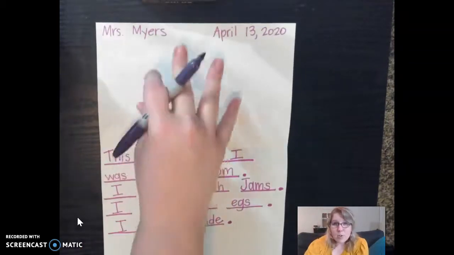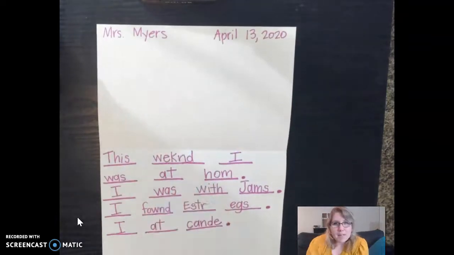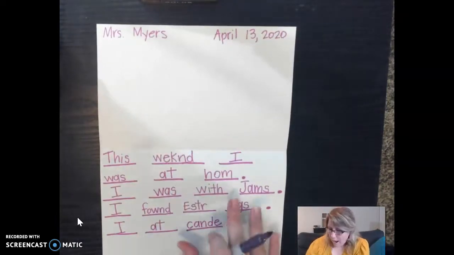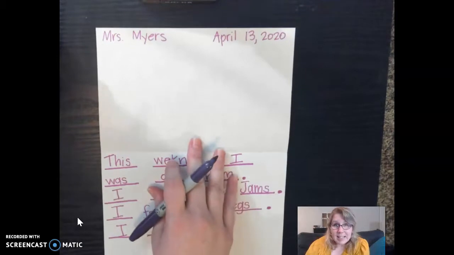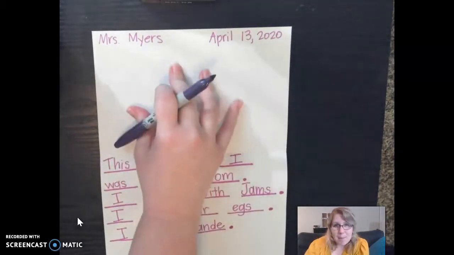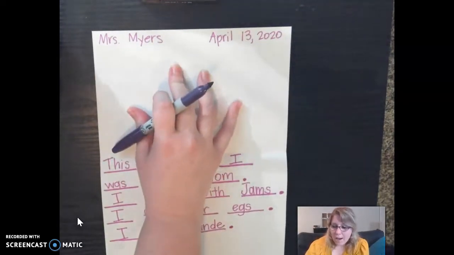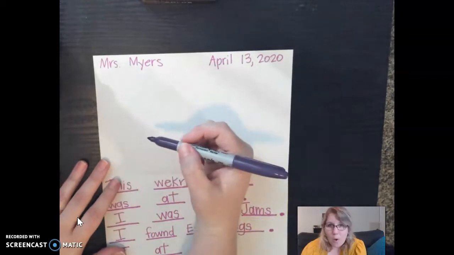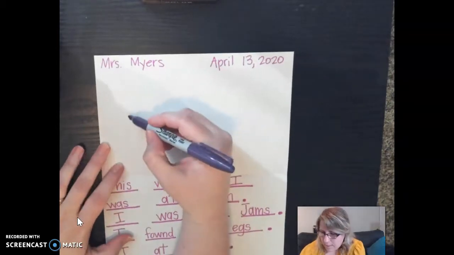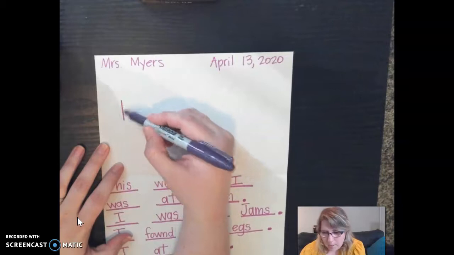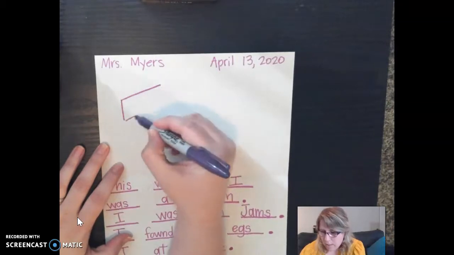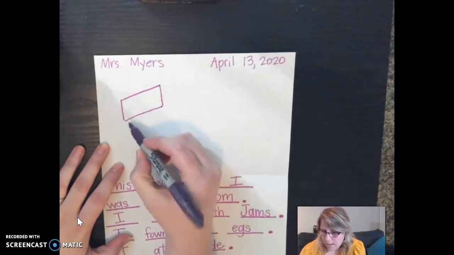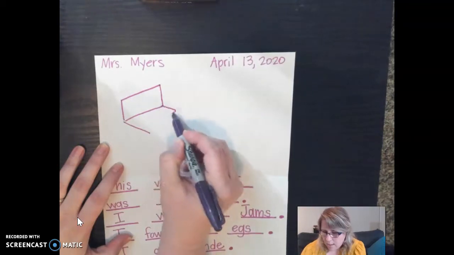Now I need to draw a picture that matches my words. So if I found Easter eggs and ate candy and I was at home, my picture is going to be about me at home. So let me look around my house and let me think of what I want to draw. So I have a couch. So let's see. We know Ms. Myers is not the greatest artist, and that is okay, as long as we try.